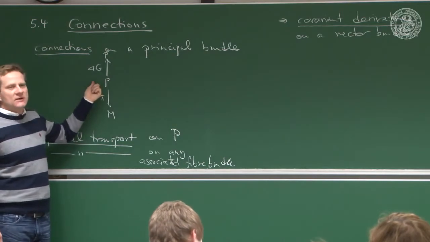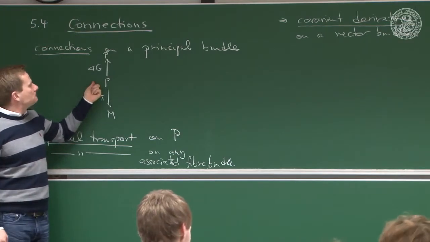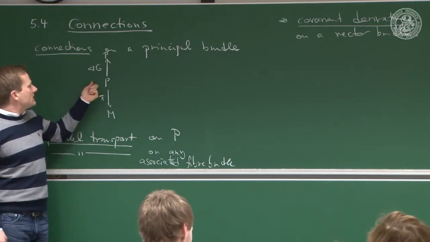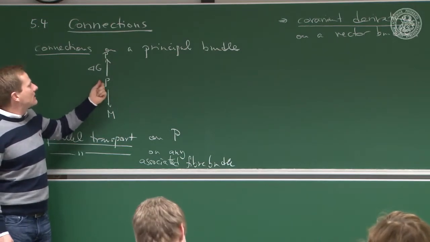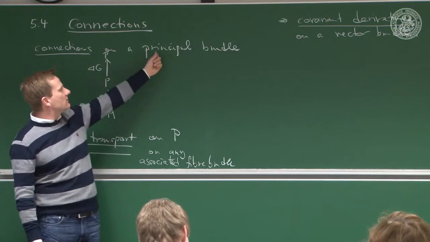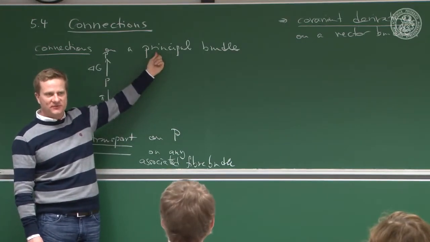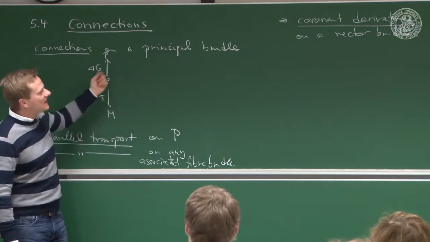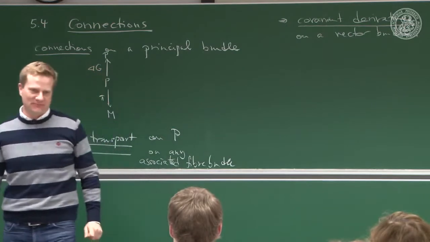The point is you cannot give a local, coordinate dependent form without choosing a section, and we know that on the principal bundle we can only choose a global section if the principal bundle is trivial. This will finally lead to some funny transformation behavior.